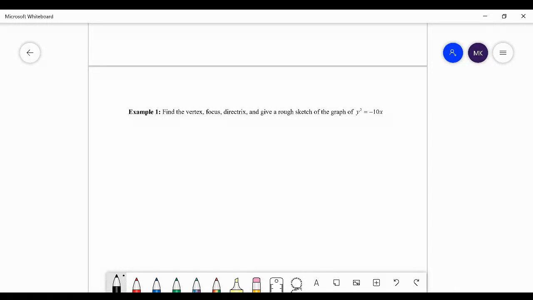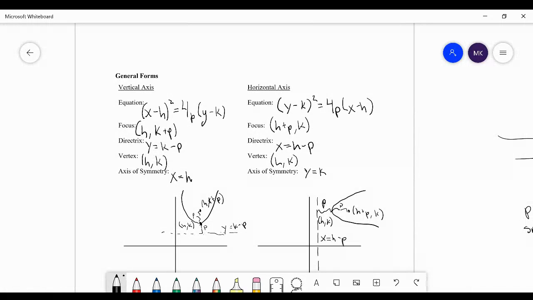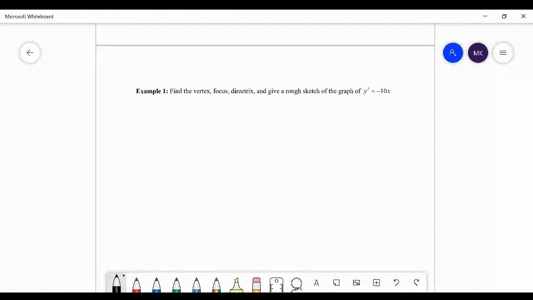So let's look at this first example. We need to find the vertex, the focus, the directrix, and then give a rough sketch. Before we do any of this, it's helpful to identify if we are dealing with a vertical or horizontal axis. We have y squared equals negative 10x. Looking up here, this has our y component being squared, so this is a horizontal axis parabola.